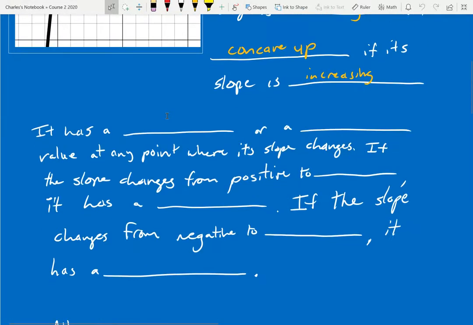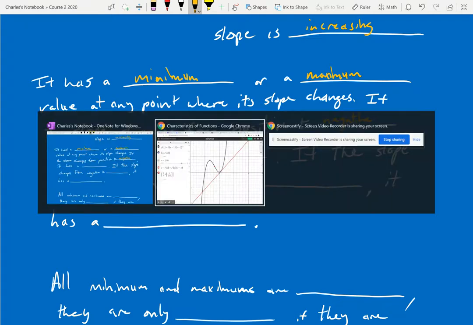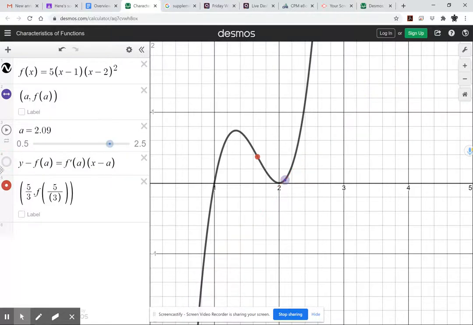Okay, so more definitions. It has a minimum or a maximum value at any point where its slope changes. If the slope changes from positive to negative, you can think of this in your head, what would it have if it changes from positive to negative?